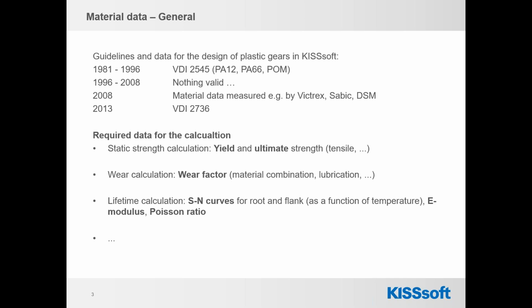Between 96 and 2008, we didn't have any valid guideline calculation method, and we also didn't have any additional material SN curves available. From 2008 on until today, and also for the future, we are adding some material on a yearly basis to our KISSsoft database, and the SN curves are either measured by some industry measurements or by the manufacturers of the materials.